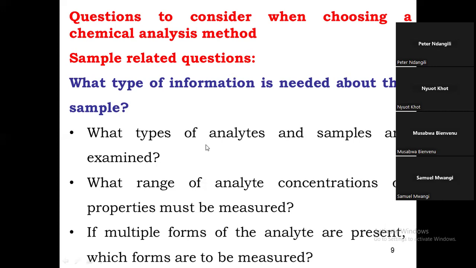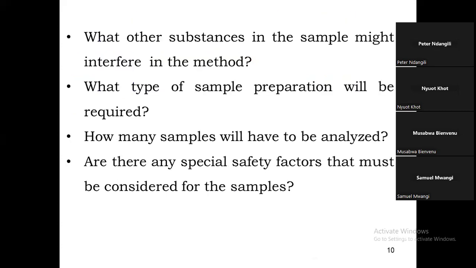What is the range of analyte concentrations or properties of that analyte that we need to measure? If multiple forms of the analyte are present, which of those forms are to be measured? Because a particular analyte may exist in different physical states. Now, which of these physical states do you need to analyze? And then depending on the physical state, then what analytical method are you going to use?